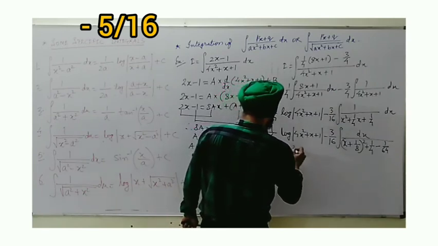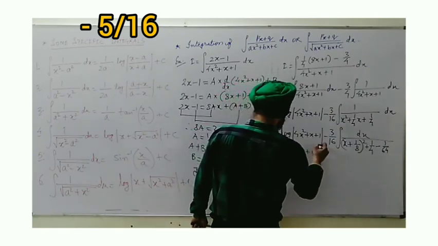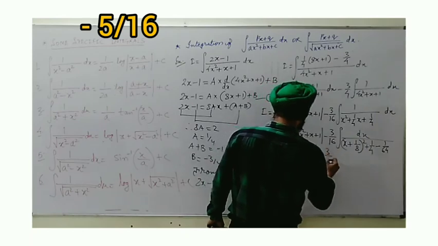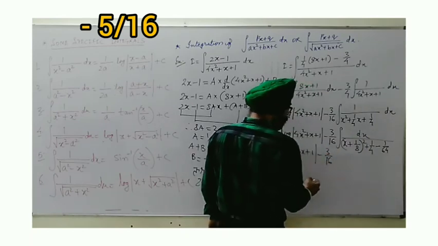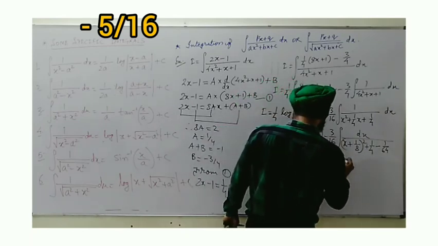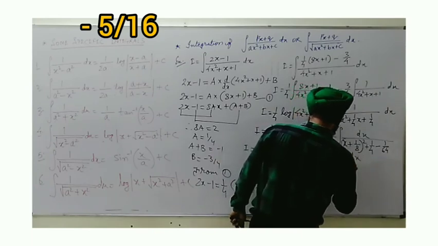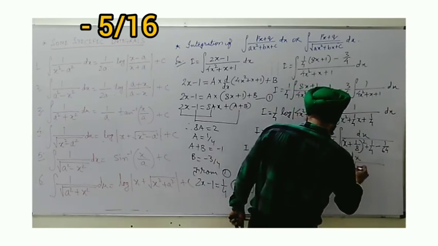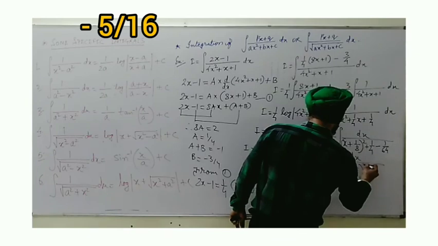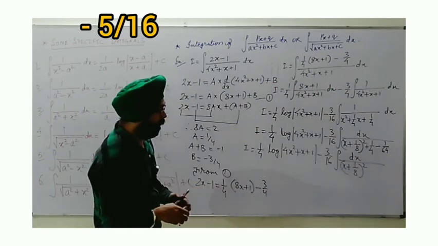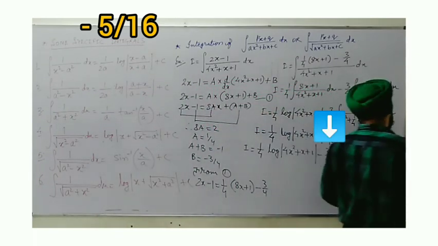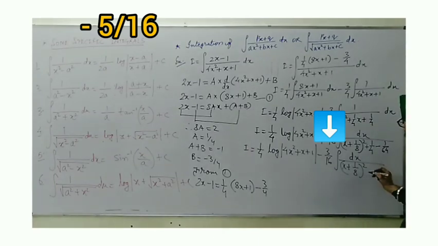Log of 4x square plus x plus 1 minus 3 by 16. This becomes the integration of dx upon x plus 1 by 8 whole square, and the remaining part, the constant, will be 16 for the 1 by 4, so minus 1, 15 upon 64.